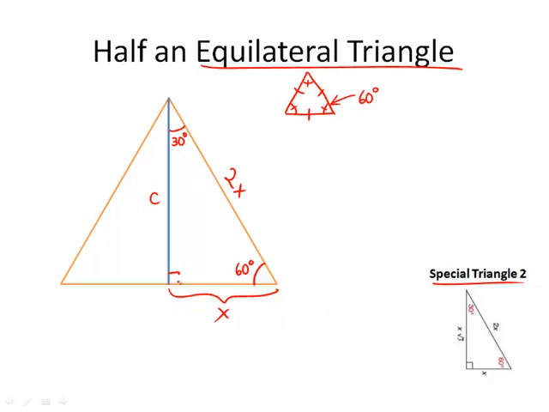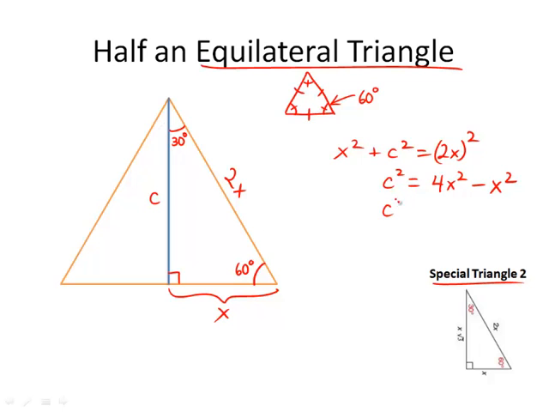We can again use the Pythagorean theorem. So we know that x squared plus c squared should give us 2x squared. Let's get c squared by itself. So that's going to be c squared equals 4x squared minus x squared, and we just evaluated the 2x squared to become 4x squared.